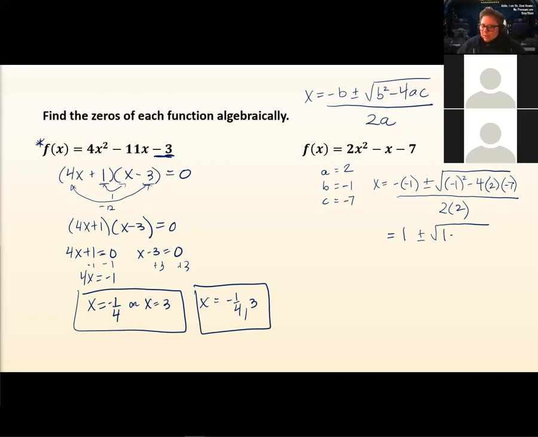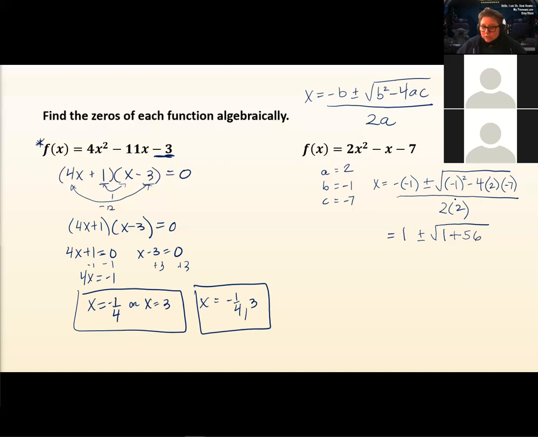Yes. Just remember, think of it as -4 times 2 times -7. So -8 times -7 is +56.